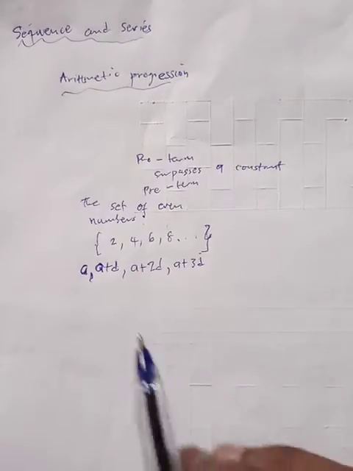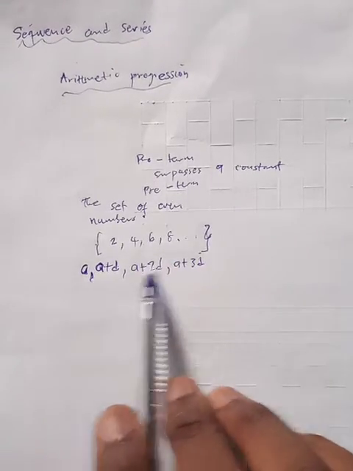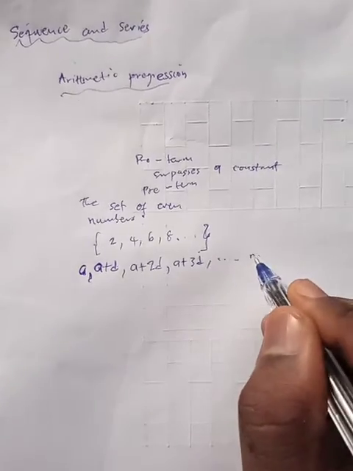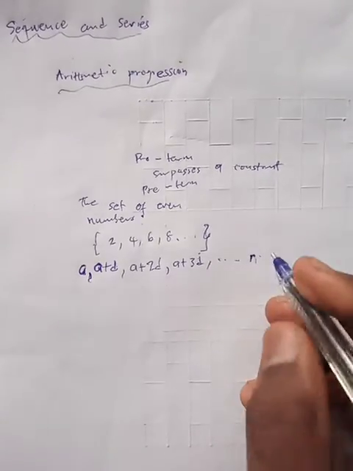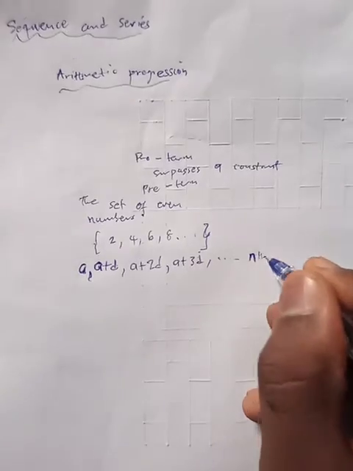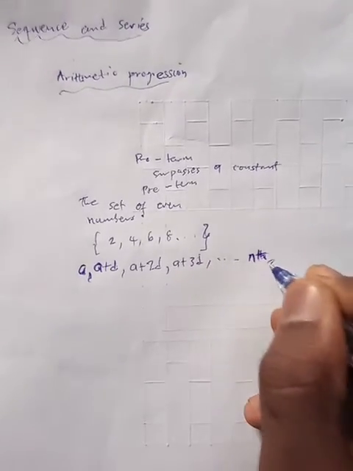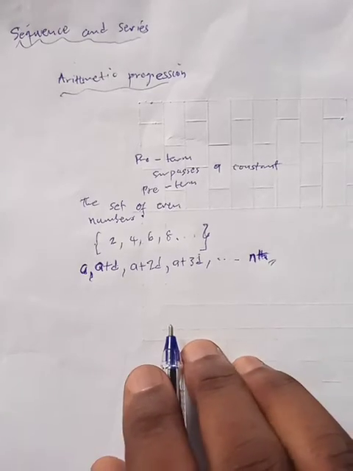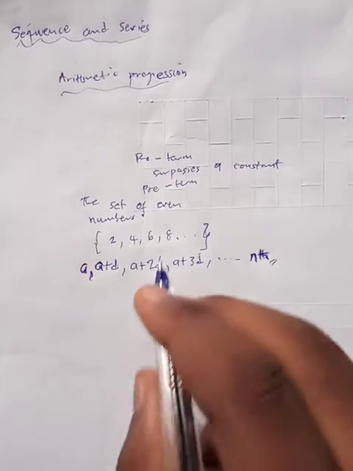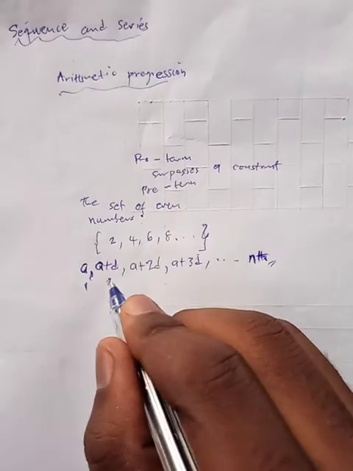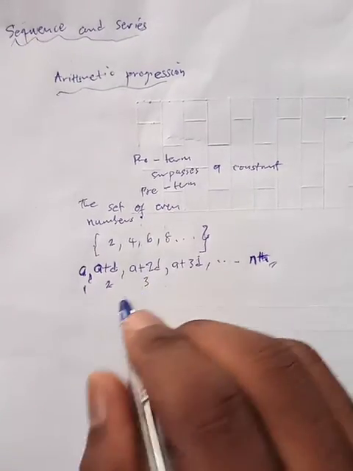So we can see that this goes on to the nth term. The term we need to find is the formula. But guys, note that this one was the first term, this one was the second term, and this was the third term.